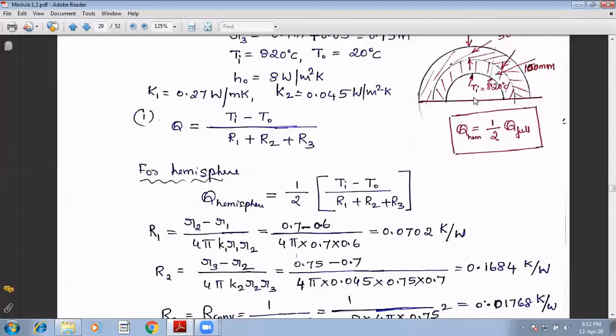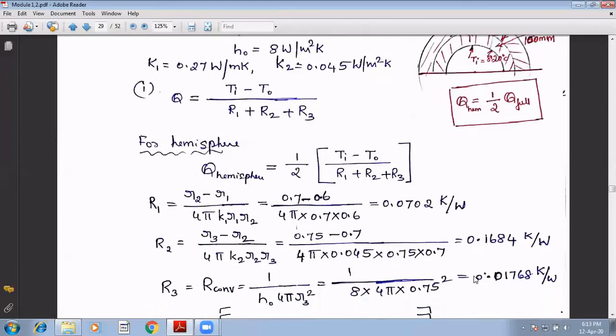Similarly, what is the conductive resistance for this material? Outer radius, which is R3, minus adjacent radius, that is R2. So the resistance will be (R3 minus R2) divided by 4 pi K2 R2 R3. So if you calculate, you will be getting the value of 0.0702 Kelvin per watt for R1 and 0.1684 for R2.